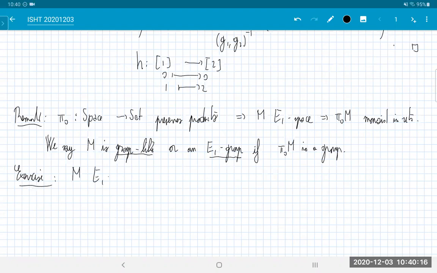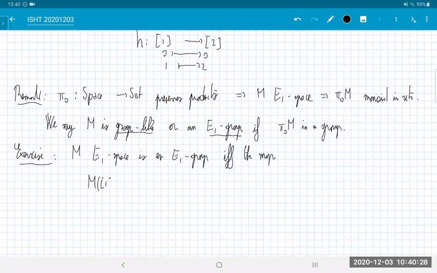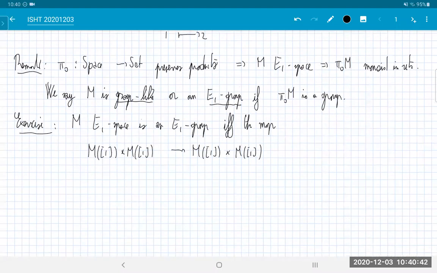An E1 space is an E1 group if and only if the map M of 1 times M of 1 goes to M of 1 given by, morally, (x, y) goes to (x, xy), is an equivalence.